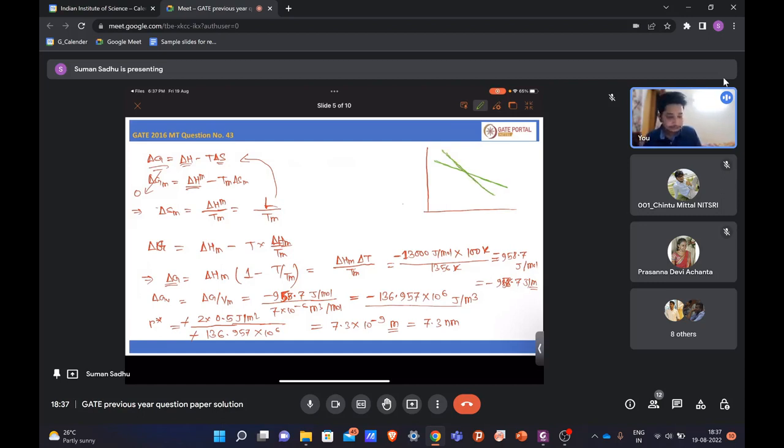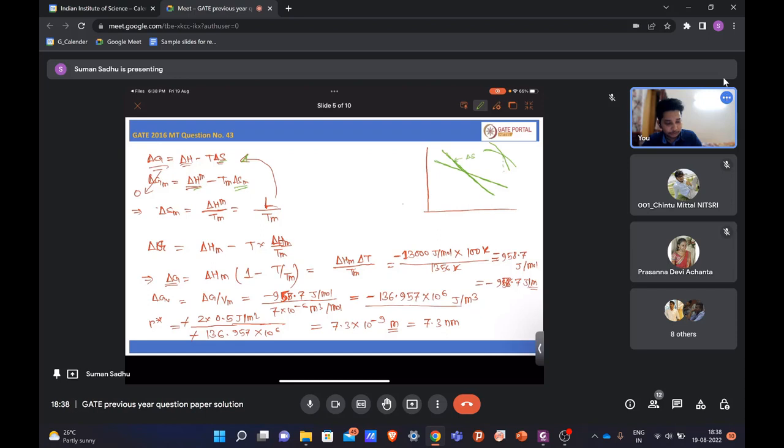In reality, it might be a curved line, it is not necessarily always a straight line, but there is an assumption that these are straight lines. So assuming these things, we can put that delta SM here, because there might be a change in the slope, that is the delta S might change, but that change is very negligible. Delta H and delta S change is sometimes very negligible. That's why these lines are considered almost straight lines.